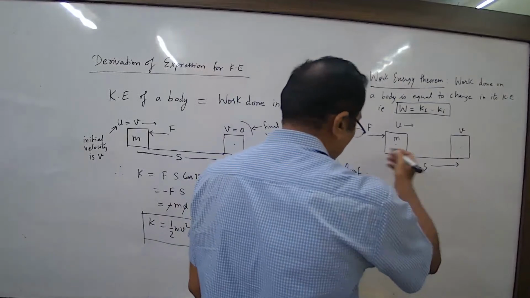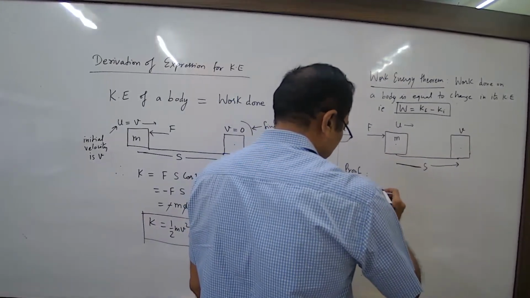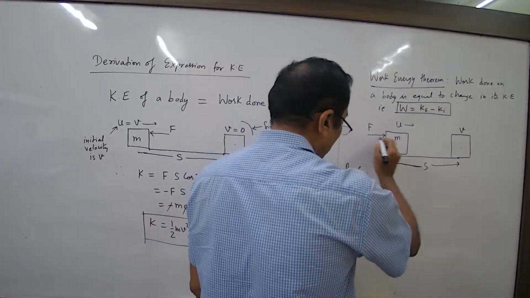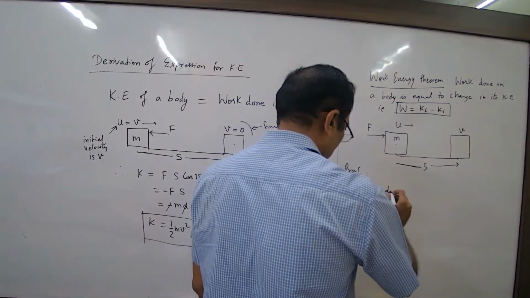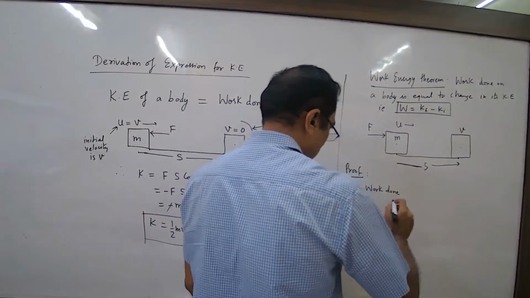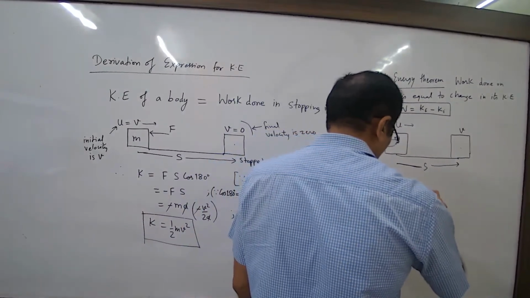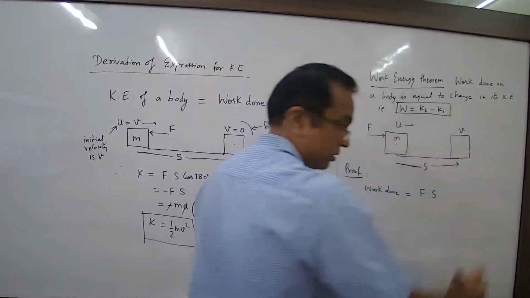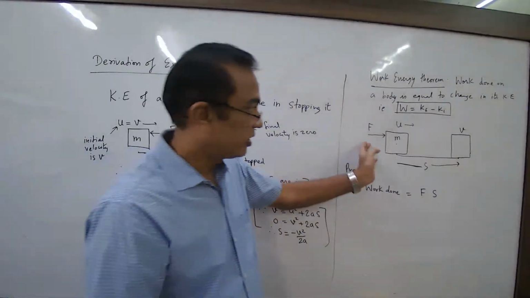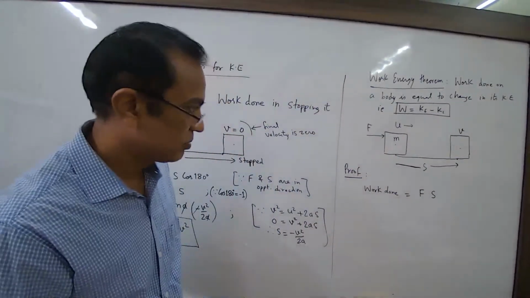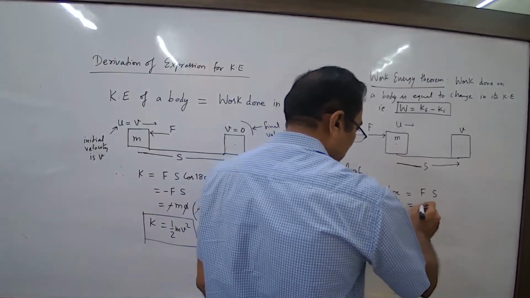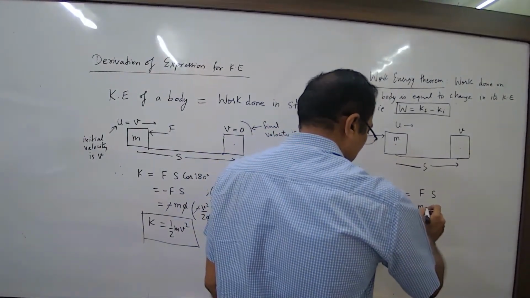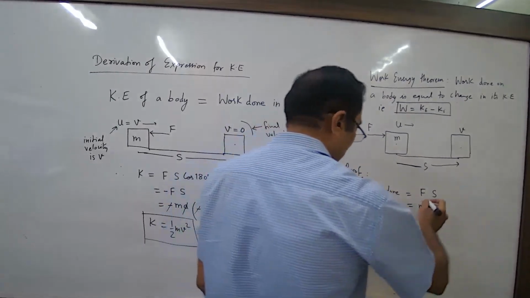So what is the work done on the body? Work done on the body is equal to force into displacement in this case, because force was applied till this displacement. Now force and displacement are in the same direction, so cos 0 is 1, so I am not writing anything.